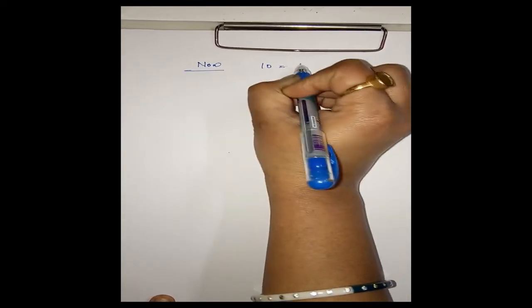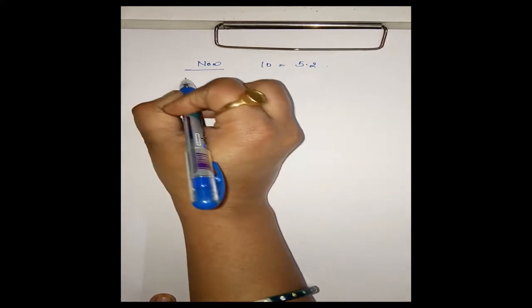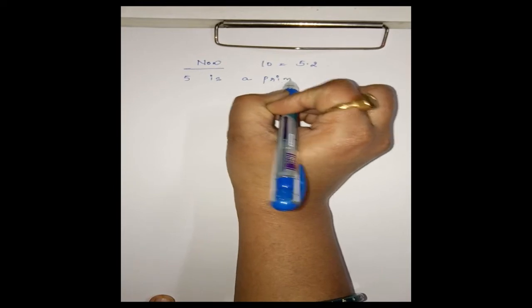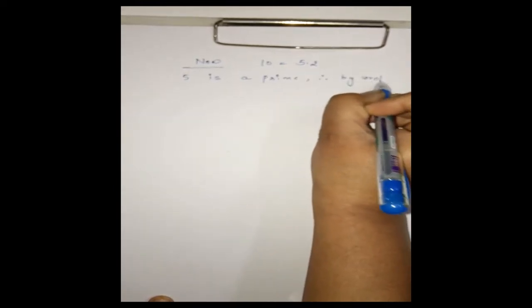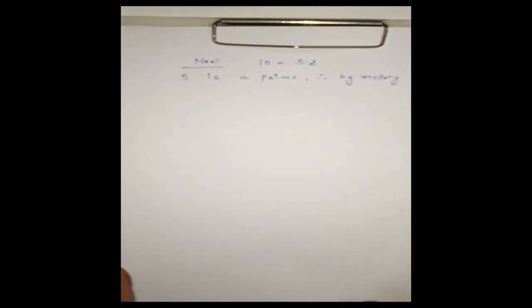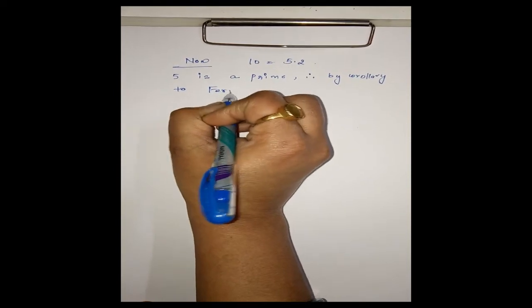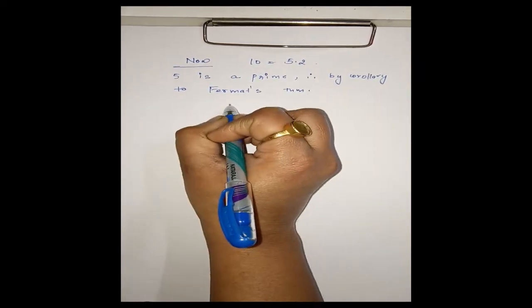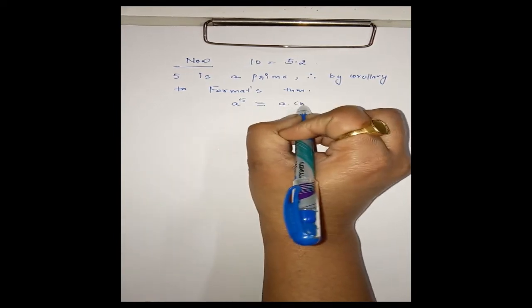Now 10 can be written as 5 into 2. I can write 10 like this. Now 5 is a prime. Therefore, by the corollary to Fermat's theorem, I can write a power 5 is congruent to a modulo 5.